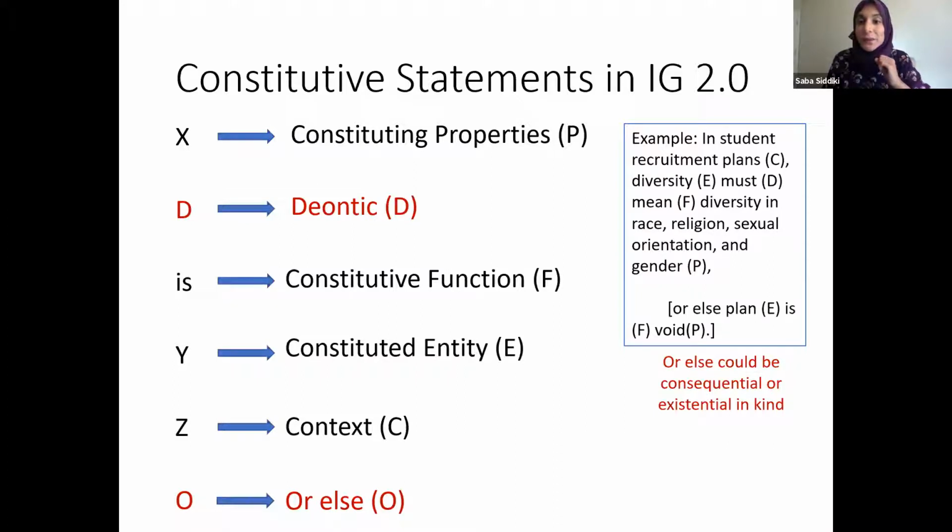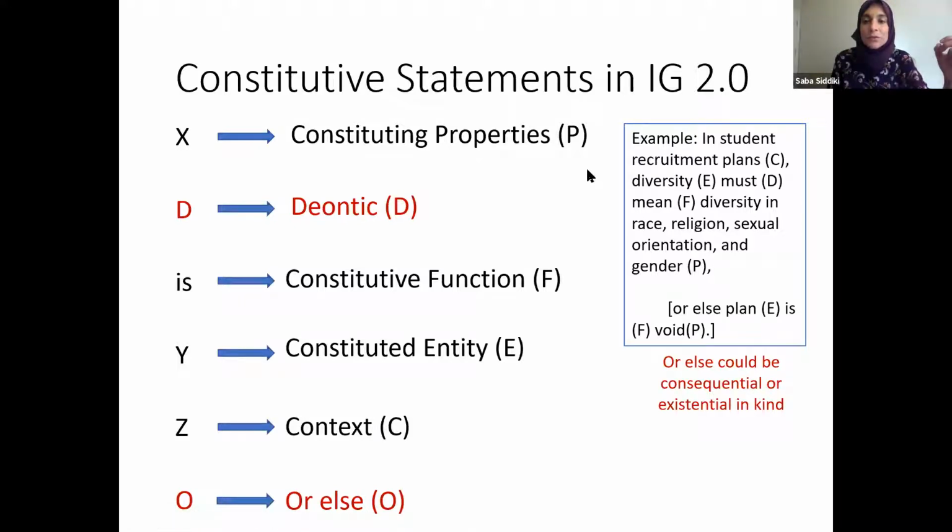And we give an example here, or else plan is void, right? So this is the consequence represented as an entire independent institutional statement that nests on this preceding statement.